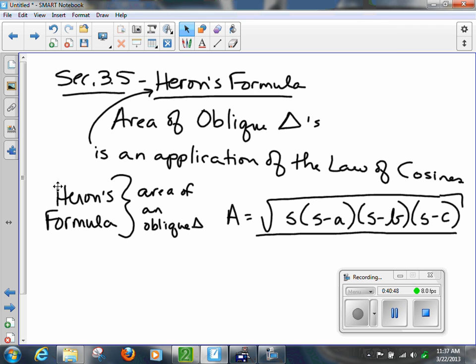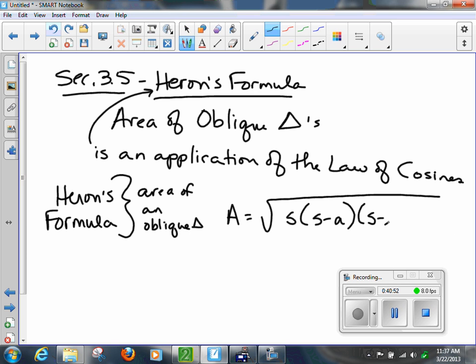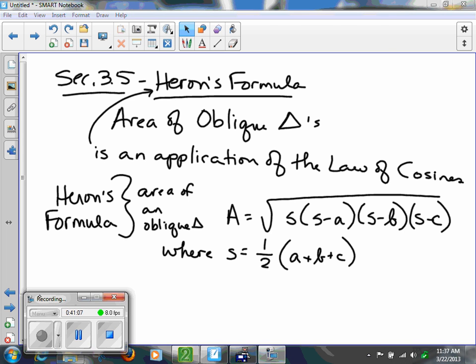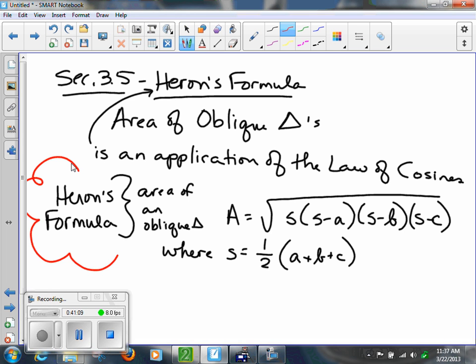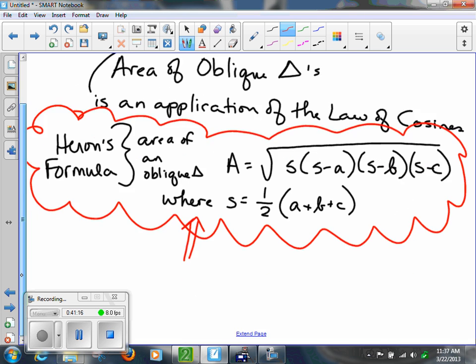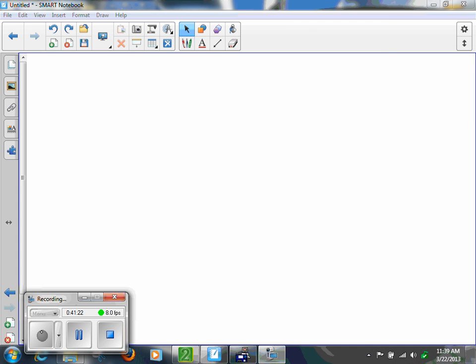That was a joke. Where S equals 1/2 the quantity of A plus B plus C. This goes on your card, and yes, you wrote it twice. Put that on your card right now, because this is what's important.